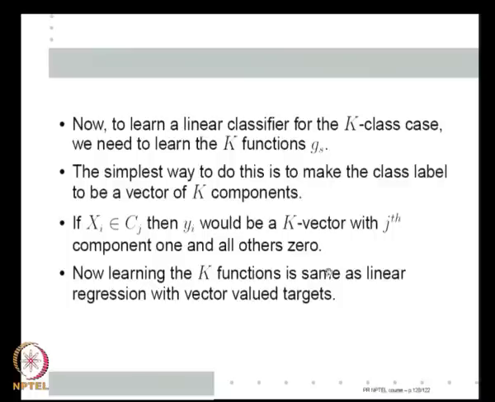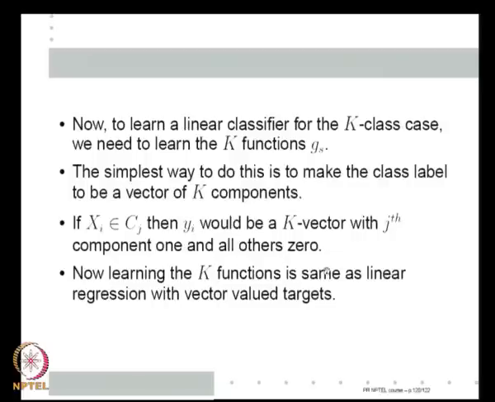Now, learning k functions is the same as linear regression with vector valued targets. I am given x_i, the y_i are vectors, and I want to learn a linear function. So, I can learn k functions using linear regression with vector valued targets. This is one standard way in which linear discriminant analysis can be extended to multiple classes.